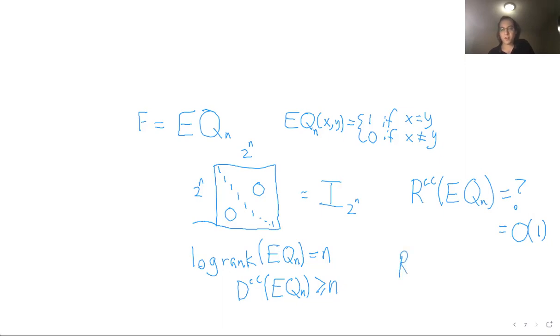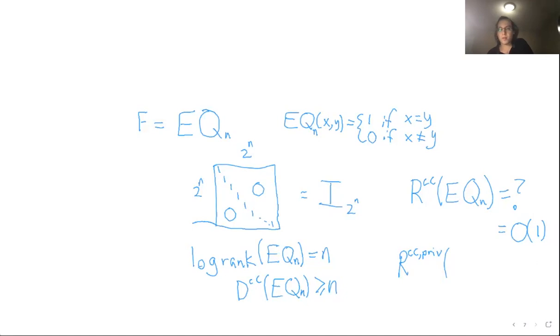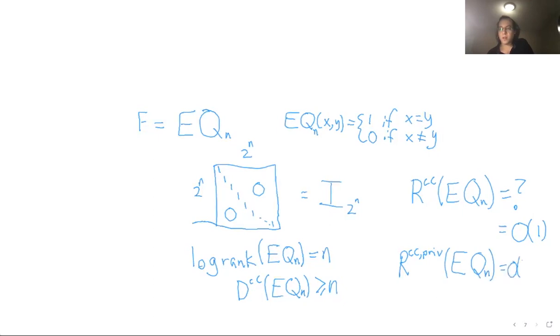So we get that the randomized communication complexity of equality with private randomness is at most log n.